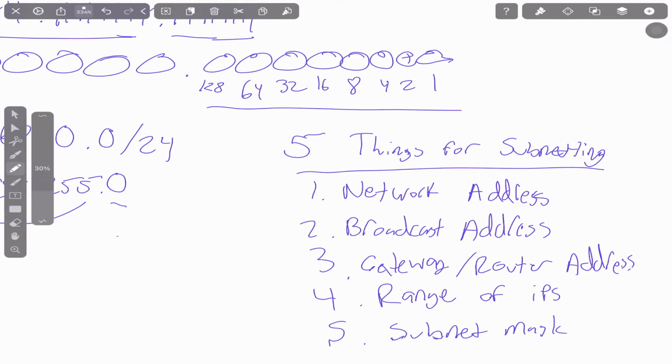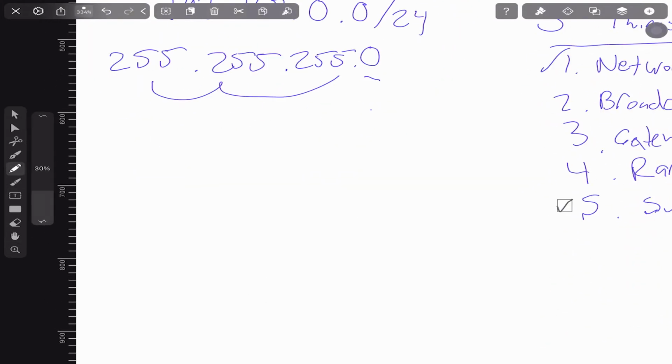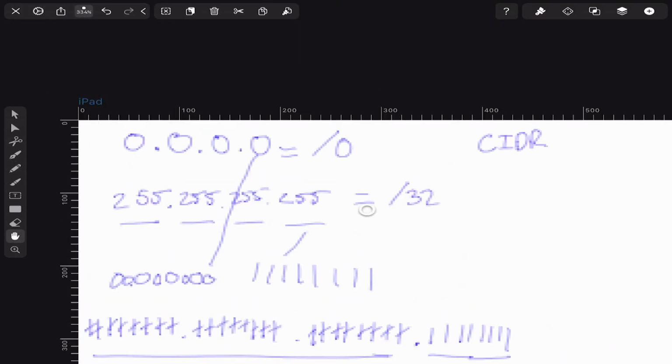So I've already showed you the network address and the subnet mask. 192.168.0.0/24, with this, we already are given 2 things. That /24 is our CIDR notation that tells us that the subnet mask is going to be 255.255.255.0. Why?